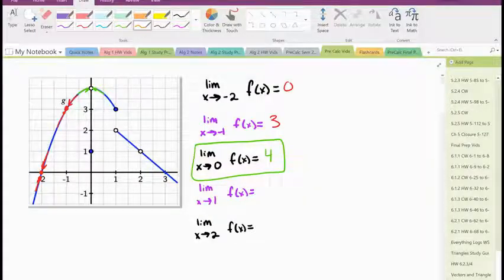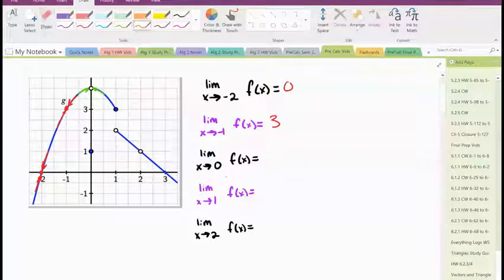When we talk about the next one, it gets even more tricky because it's asking, what's the limit as x approaches 1? When I go from the left side, it's approaching the y value of 3. But if I look at approaching from the right side, it's approaching the y value of 2. You cannot have a limit that approaches two different values. When that happens, we say that the limit does not exist.